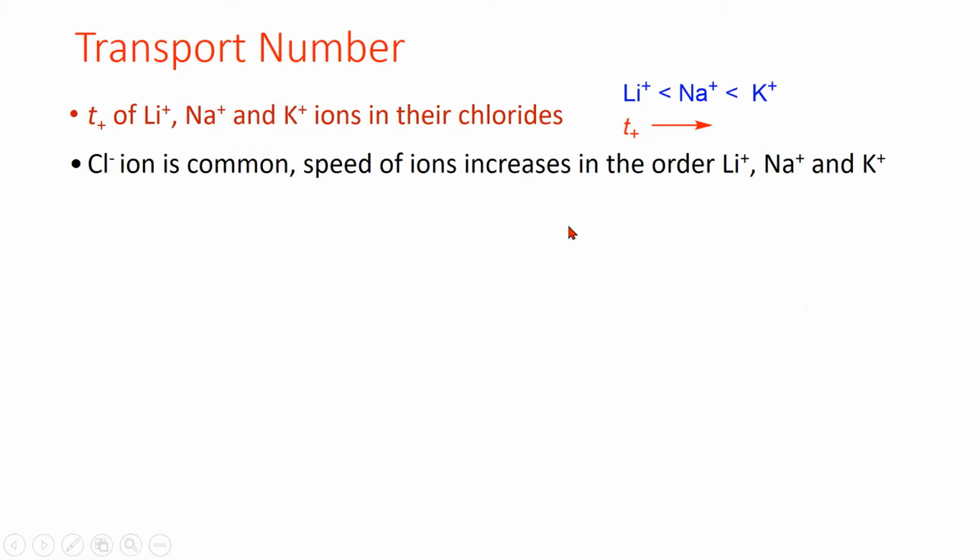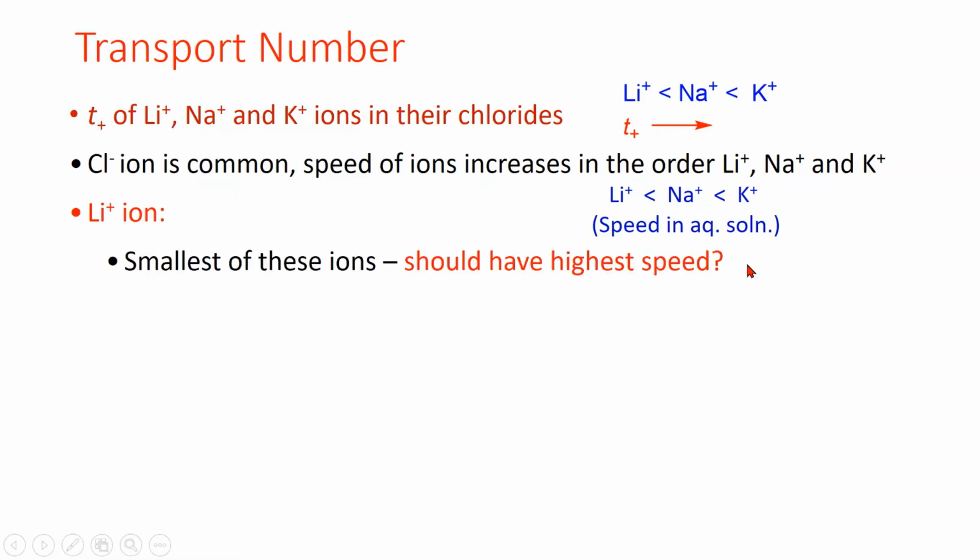One can see that the speed of the ion increases in this order in aqueous solution. The speed of the lithium ion is slowest and that of the potassium ion is highest. If we try to see, the lithium ion is the smallest of these ions and one can expect a higher speed for lithium ions.